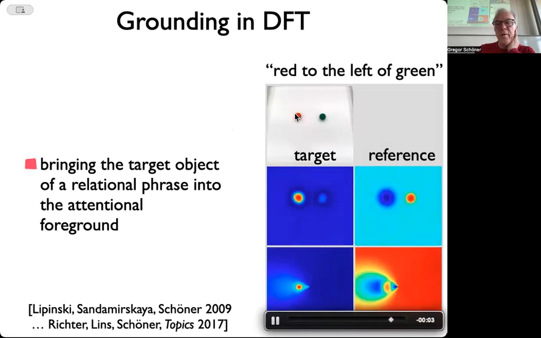left of the green. What you want as a grounding is some representation, here a 2D field, where there's an attentional peak at the location of the red, and you might also have a representation of the reference object, so maybe another field where there's a peak at that reference location. The way we do that is with what we call a neural operator.